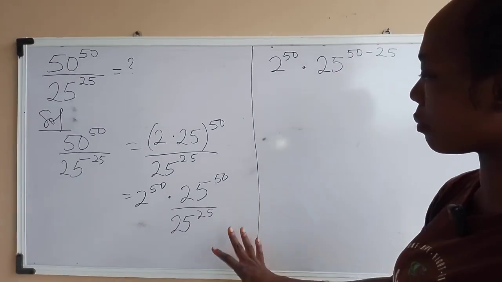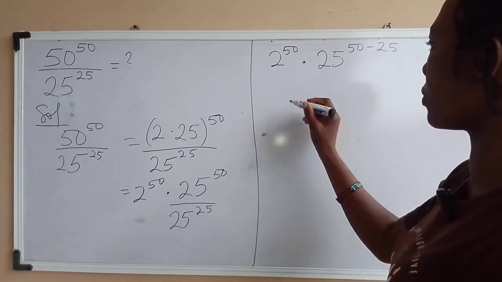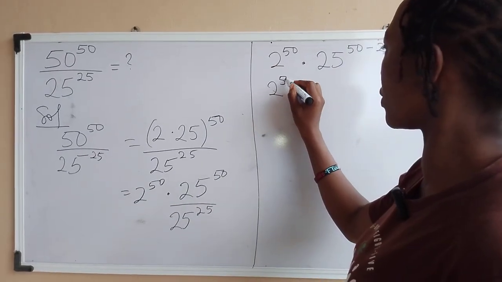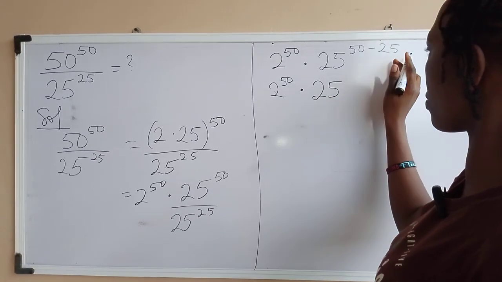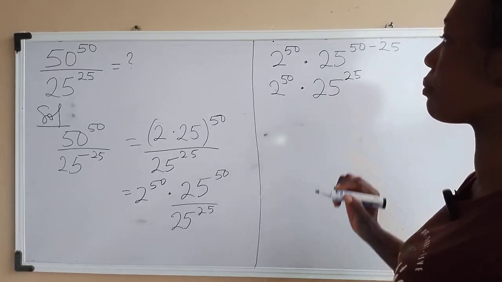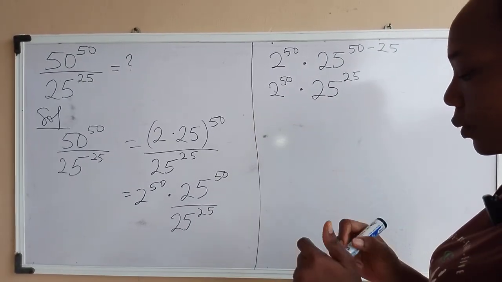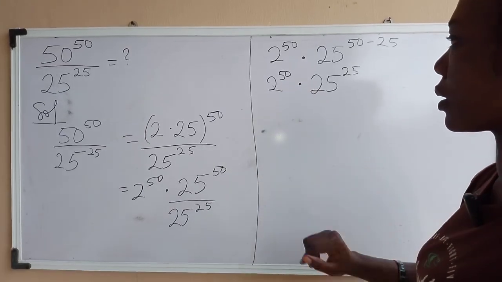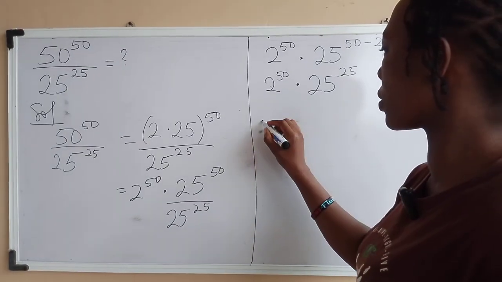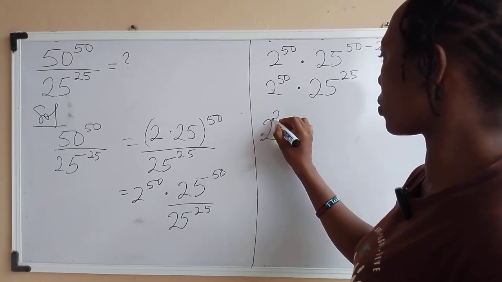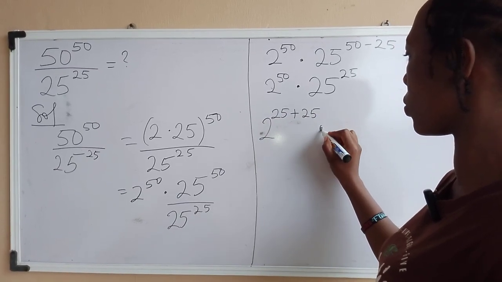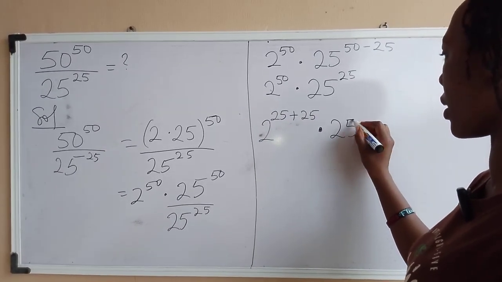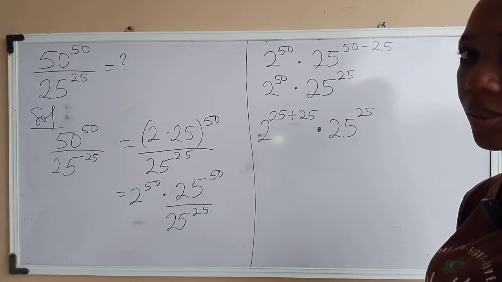So this means this. Then we continue, 2 to the power of 50 dot 25. When we subtract, we have 25 here. Now we're going to also break this. So it's going to mean 2 to the 25 plus 25 dot 25 to the power of 25.